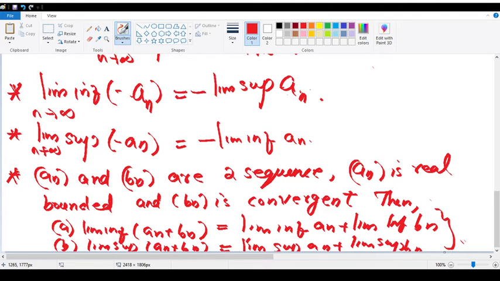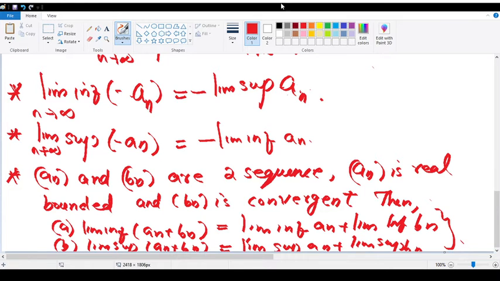Then the limit sup of the sum of the sequences is limit sup of an plus limit sup of bn. Similarly, limit inf of an plus bn is limit inf of an plus limit inf of bn. Okay?